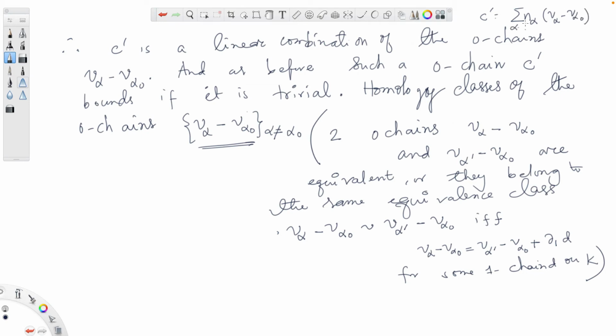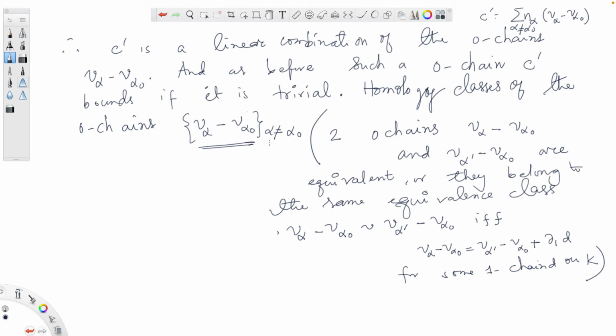And they're summed over all alphas such that alpha is not equal to alpha 0. Okay, and that is precisely the reason these zero chains, this collection of zero chains, and also that no non-trivial zero chain bounds.